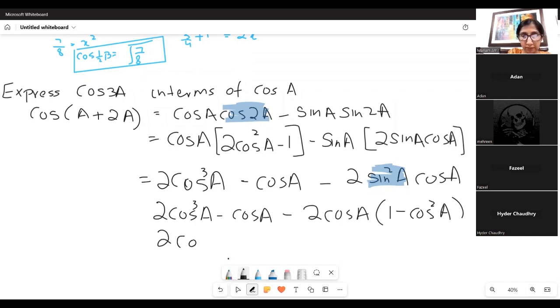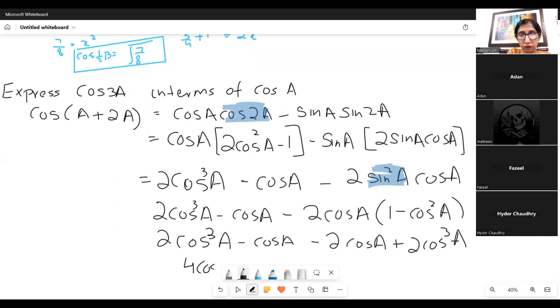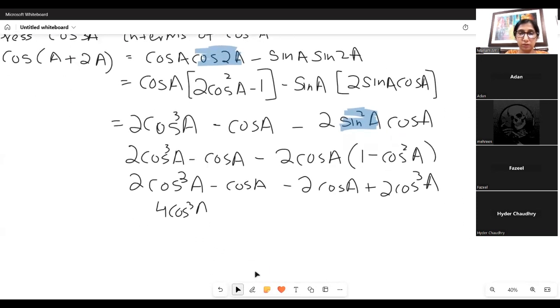Okay, now we'll expand this completely. 2 cos cube A minus cos A minus 2 cos A plus 2 cos cube A. So we have 4 cos cube A minus 3 cos A. Yes, that is the correct answer.